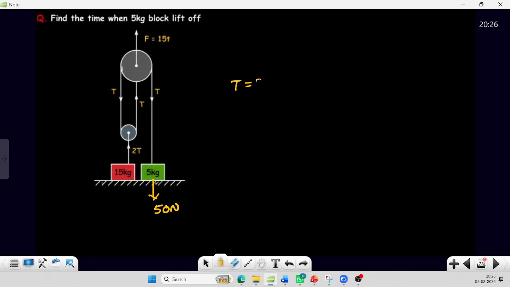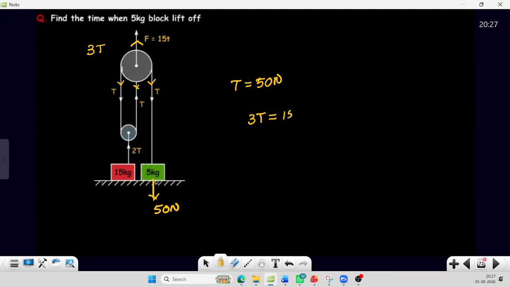First thing clear now? Here we have a tension T, here we have tension T. How many T's? 3 T's. So this is 3T, which we can equate to 15t.